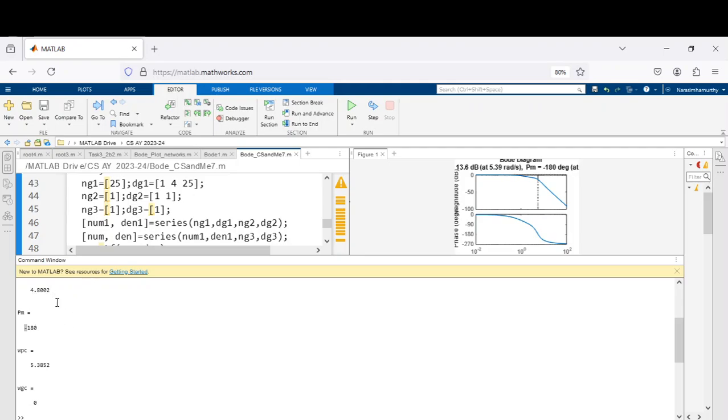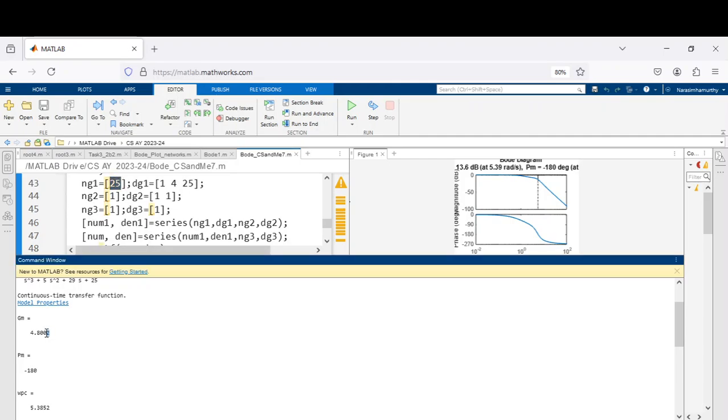You can do one more thing. Suppose I increase this gain by this much, that is 4.8. What is 4.8 multiplied by 25? 4.8 multiplied by 25 is actually equal to 120.